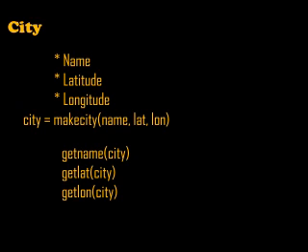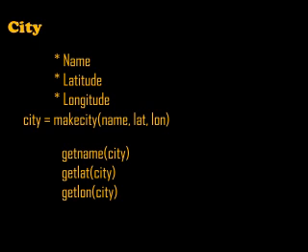Using get name of city, we can get the city name. In the same way, get longitude of city is used to retrieve the longitude of the particular city. Get lat of city is used to get the latitude of a particular city. Understand? Using these three functions, we are getting the information from the abstract data type. So it is called a selector.